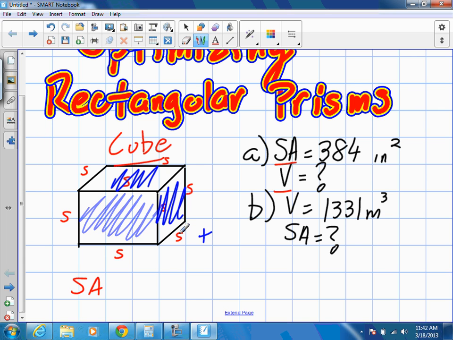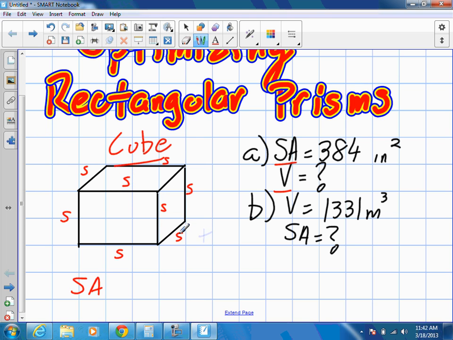Because this is a cube, they're all going to be the same. So instead of finding the area of each individual one, we can just find the area of one face and multiply by 6, because there are 6 sides to a cube.